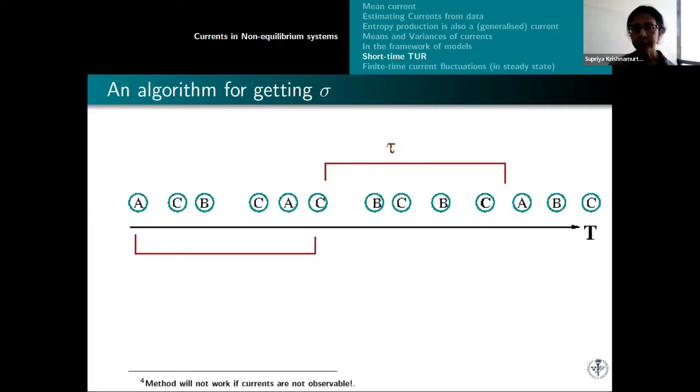Okay, so let's get back to our little picture here. I have our time series again. I chop it up into bits of tau, streaks of tau. I have mentioned here, also related to Rolf's talk earlier this morning, that if I don't observe any currents, of course, I have no hope of using this procedure.